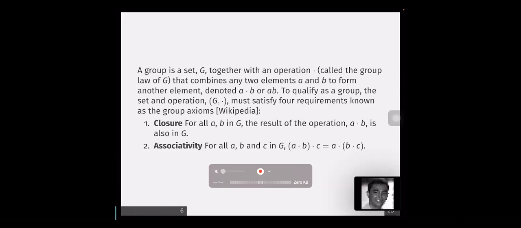So yun nga, group theory is also used in physics, no? Like for example, we all know about atoms, right? We know that the atom is composed of a nucleus and electrons, no? And then the nucleus is composed of protons, no?